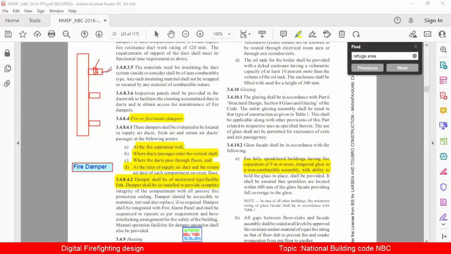Whenever smoke happens, it will actuate and operate. Due to temperature difference and pressure difference, the fan will turn on. You understand the concept, right? Wherever pressure is less, the fan will give pressure to the required area. Clear? Similarly, the exhaust in the kitchen.